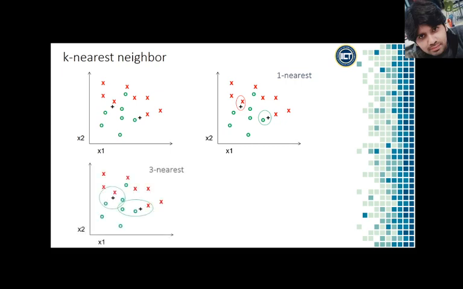But if you consider the three nearest, of course it will take three samples. So maybe the assigned label would change if you consider more, like 5 nearest or even 7 nearest. It is also known as birds of a feather flock together.